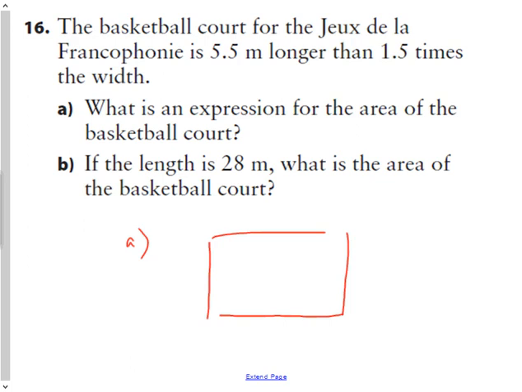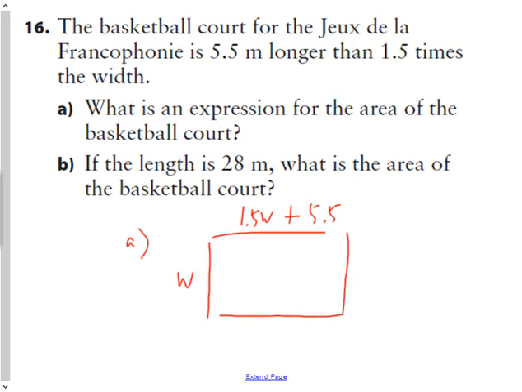So the first thing you should do is, the width is W. And the length of this basketball court is 5.5 meters longer than 1.5 times its width. Well, 1.5 times its width will look like 1.5W, plus an additional 5.5 meters.